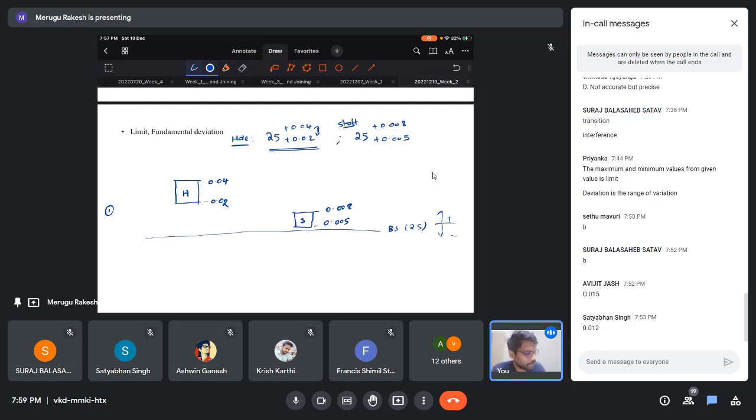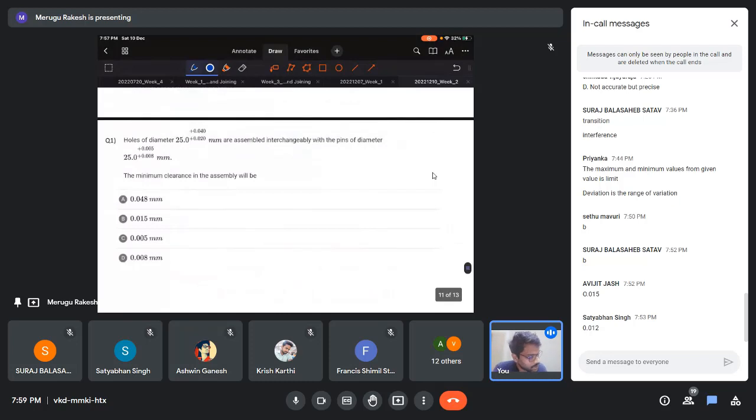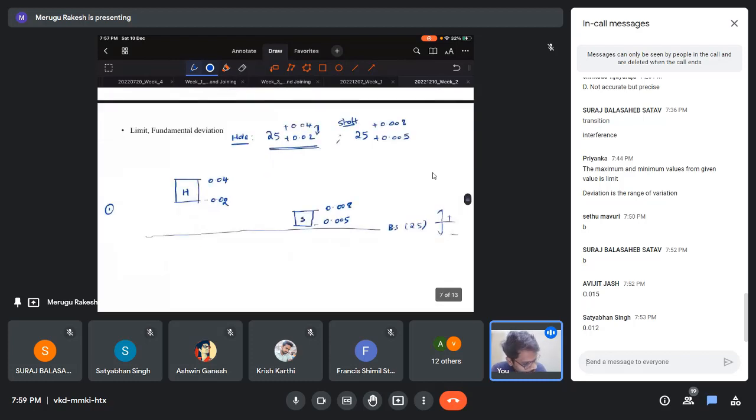Now if you see the question they are asking, assembly interchange with the pins and diamond, the minimum clearance in the assembly will be. You can easily make out what the clearance is now. Can I say this as a clearance? Yes, sir. So this value is 0.012.